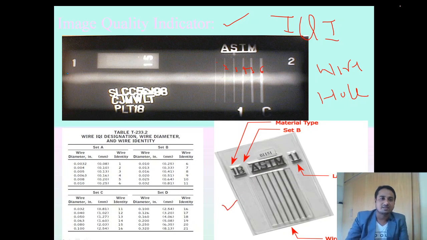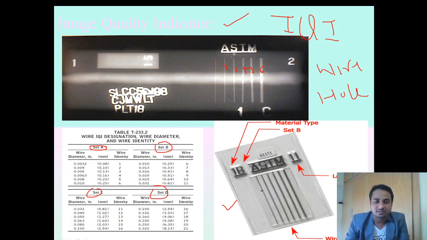In ASME Section 5 you can see there are 4 sets of these wires. Depending on the thickness we need to use them: set A, set B, set C and set D. In Section 5 it is given, for different thicknesses, which set we need to use and what the number of essential wires will be.